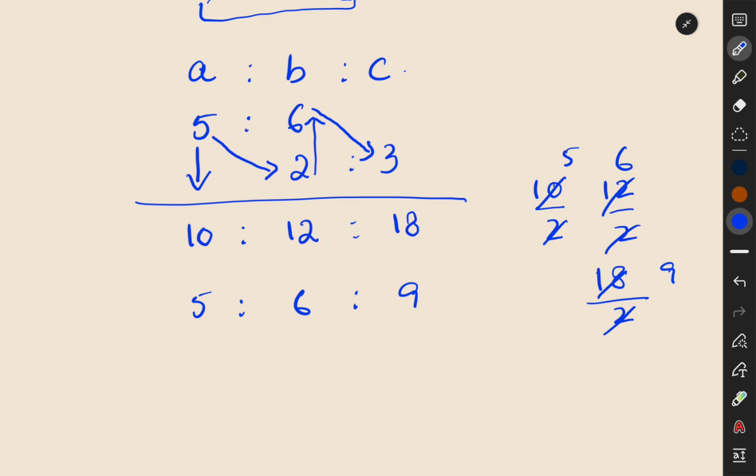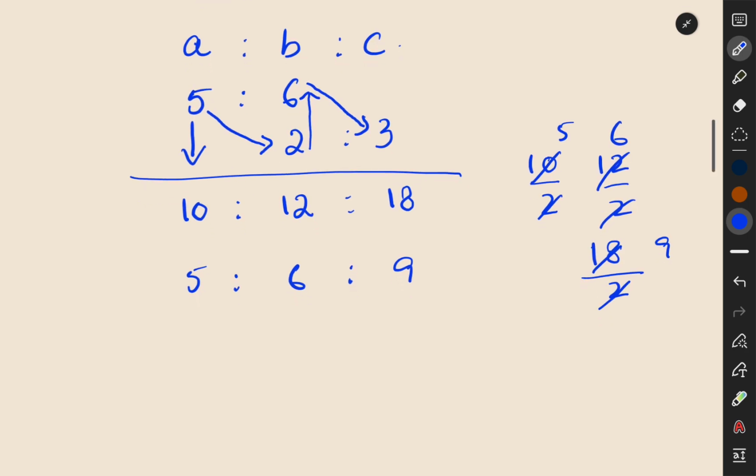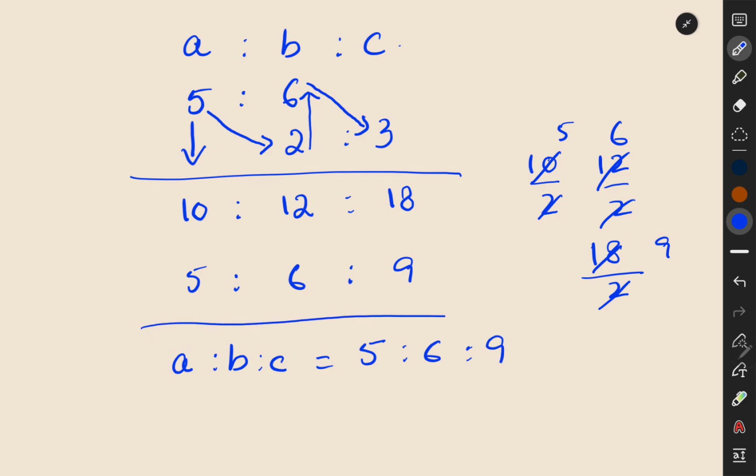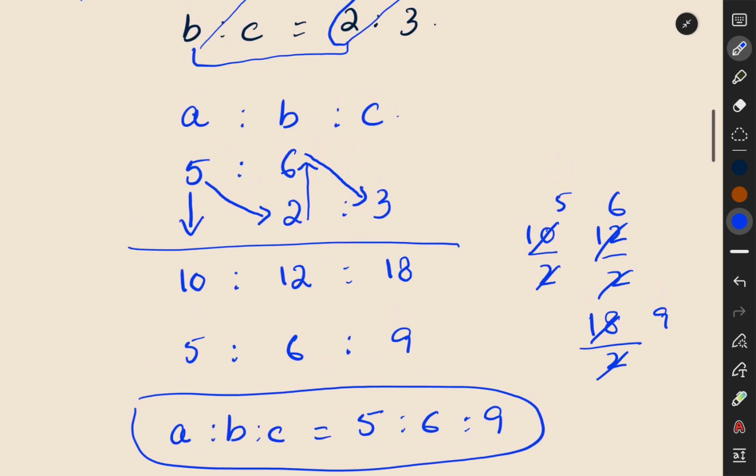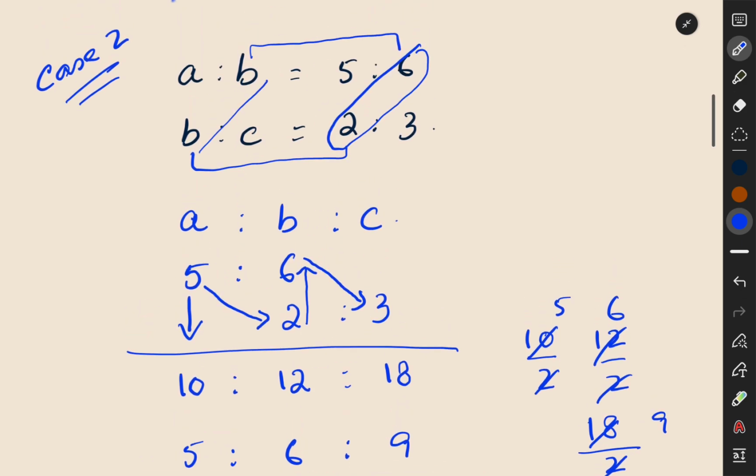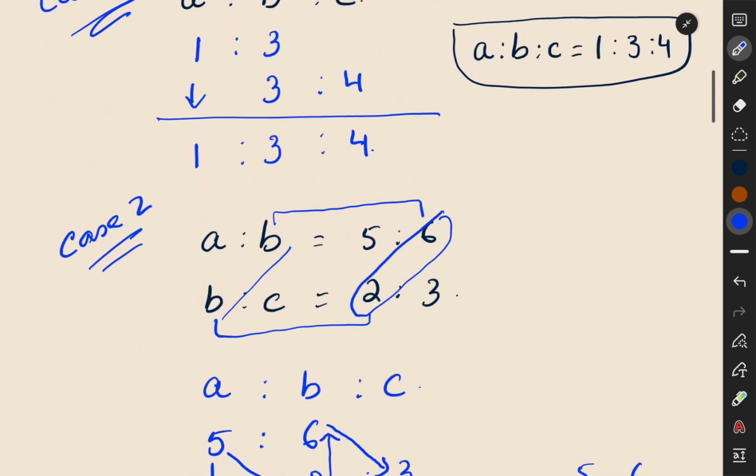This is the reduced form. So we can write here A is to B is to C is equal to 5 is to 6 is to 9. So this is the reduced form and it is the value of A is to B is to C. So in this way we can find the continued ratio by 2 methods.